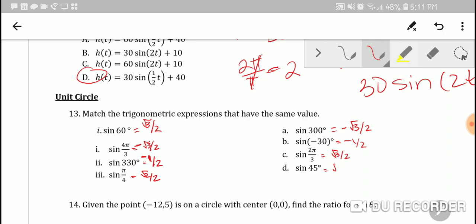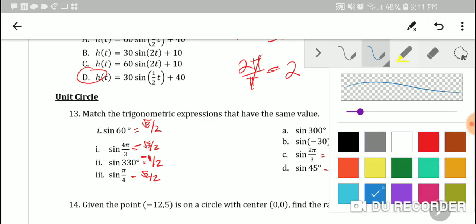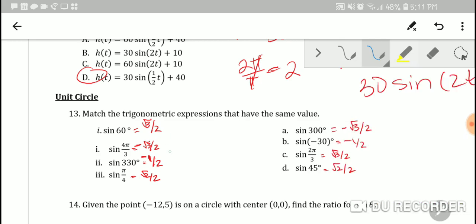And sine 45 is going to be root 2 over 2. So now all we need to do is match. So let's see. Root 3 over 2 goes with C. Negative root 3 over 2 goes with A. -1/2 goes with B, and root 2 over 2 goes with D.